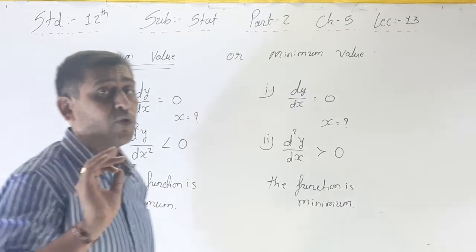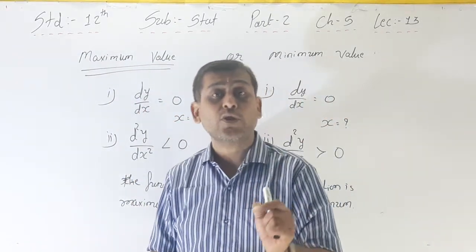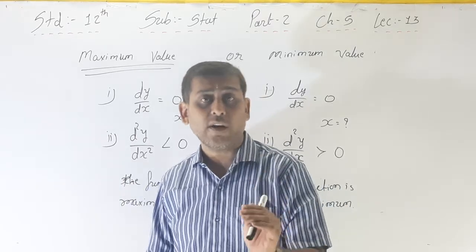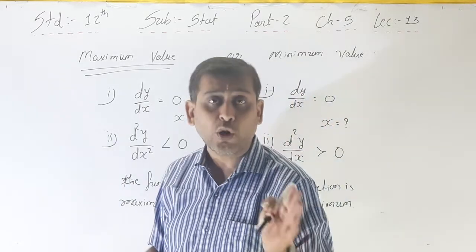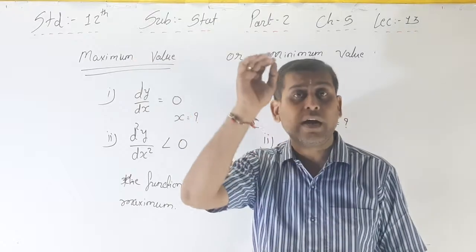See, we have to find the maximum revenue when the revenue function is asked. That means the demand function or price demand function is given in the form of x or p, whatever is given, and we have to maximize it.